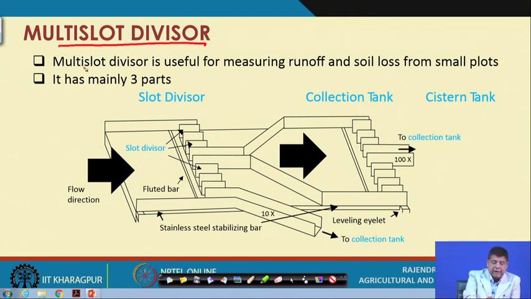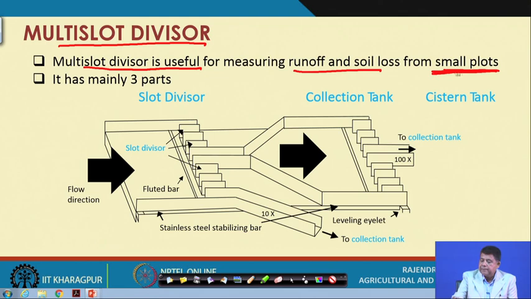The multi-slot divisor is useful for measuring runoff and soil loss from small plots. So, this is the qualifying statement that multi-slot divisors are preferred for small plots. Typically, these multi-slot divisors have three parts: slot divisor, collection tank and cistern tank. Here you can see the slot divisor, which is the major component.